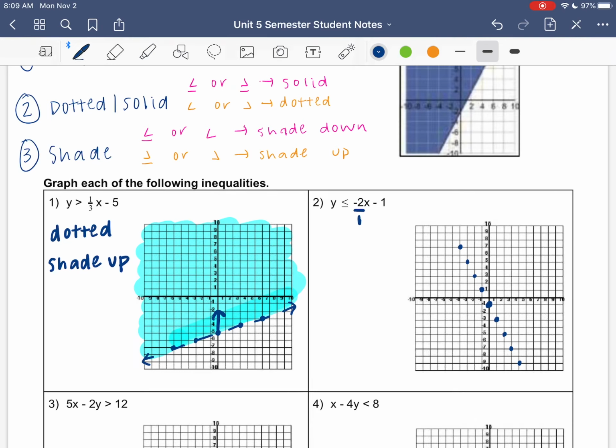And now we've got to decide about dotted or solid as well as shading. So for this one, we're going to have a solid line because the symbol says less than or equal to. That little line under there is what tells me to use the solid line. And then the less than part is telling me to shade down.